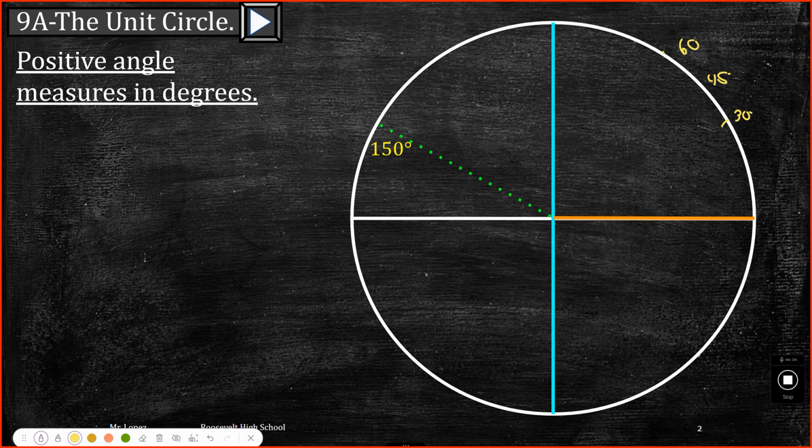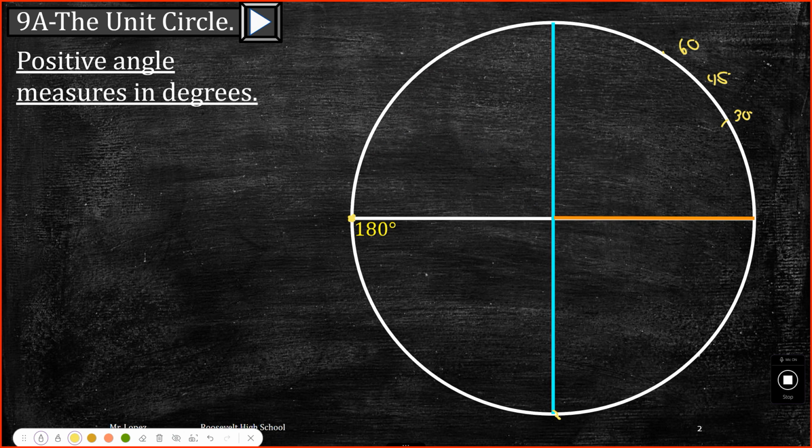This is 180. The way I look at it, I start over and add 30 to 180. What's 180 plus 30? 210. Once I end up at these corners down here, I just add 30, 45, 60 to that 180.